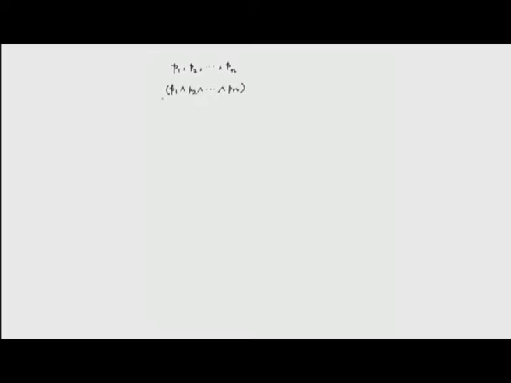This is the combined premise, and we write another proposition which we call a conclusion or a consequent, and we join them by an implication symbol. Now, this total thing will be called an inference.